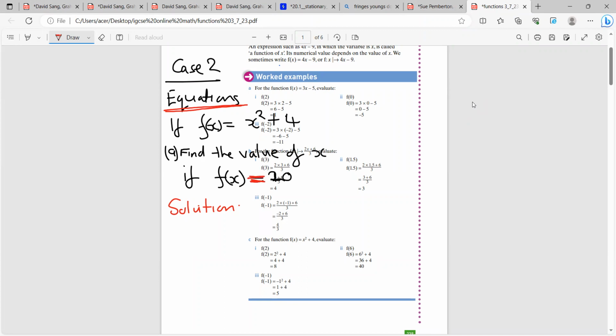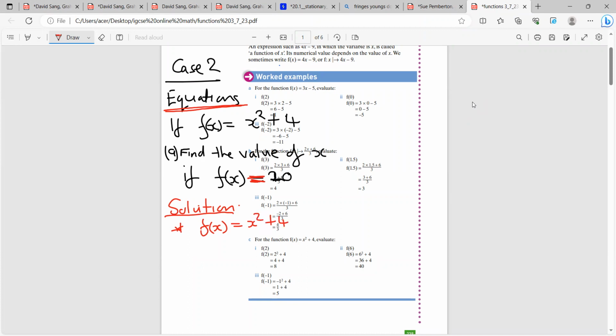Yes, sir. So this is how we're going to do this one. The first step is to write your original function. So they're saying f of x is equal to x squared plus 4.